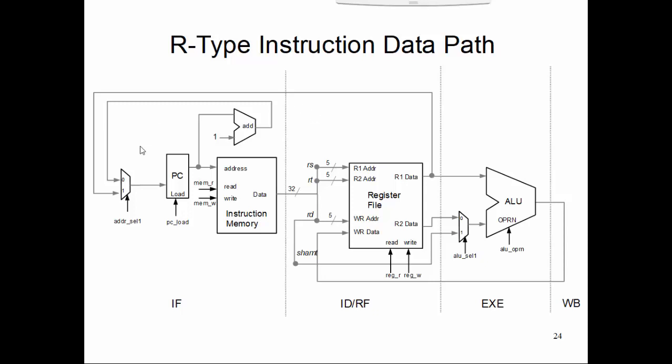Instruction fetch uses your instruction memory. That is the most prominent resource, and of course it has a PC inside it, that's fine, but the most prominent resource is your instruction memory. In instruction decode and register fetch, the most prominent resource it accesses is the register file, the exe phase accesses the ALU, and the write back phase uses the register file, right?